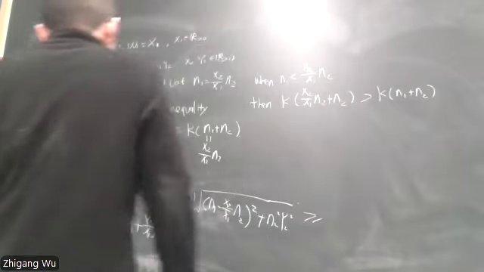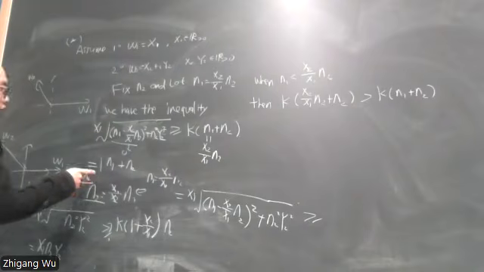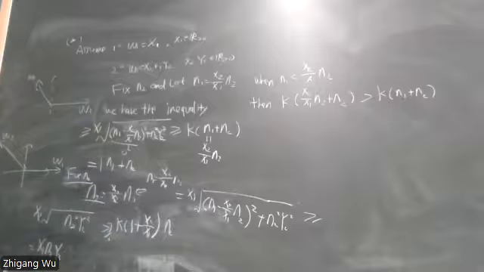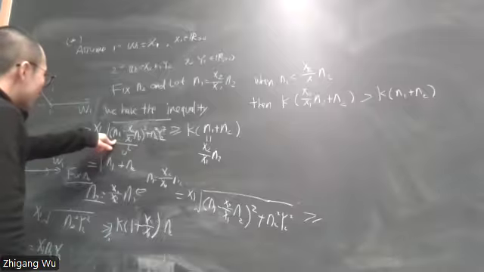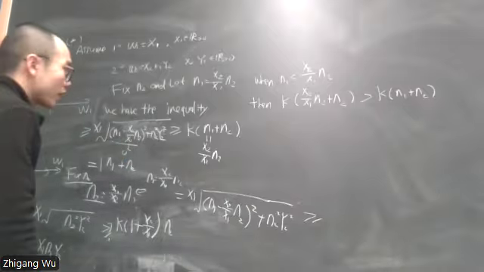Okay. But then you see that the left hand side, right? Because when this n1 is getting smaller, this term is positive, right?